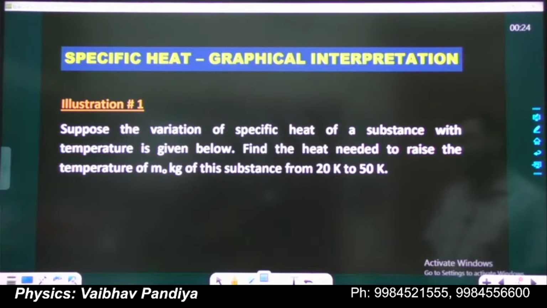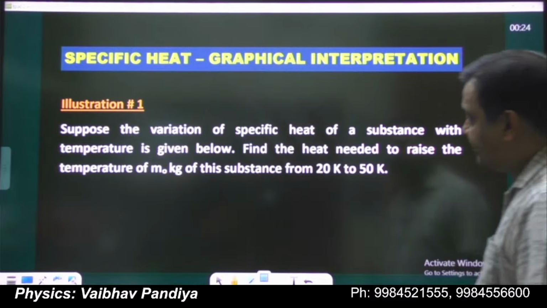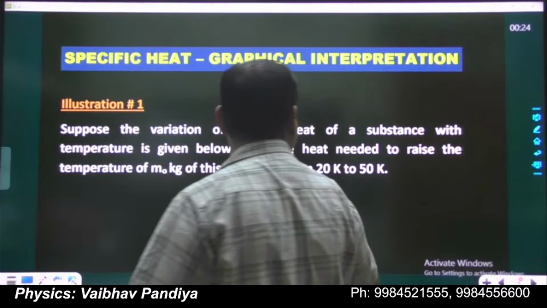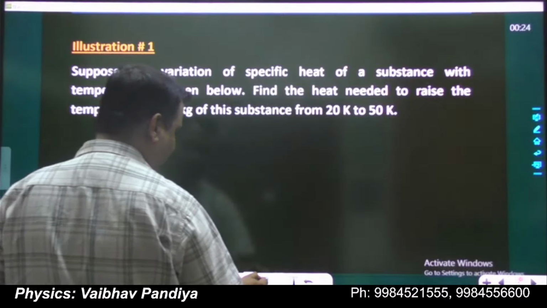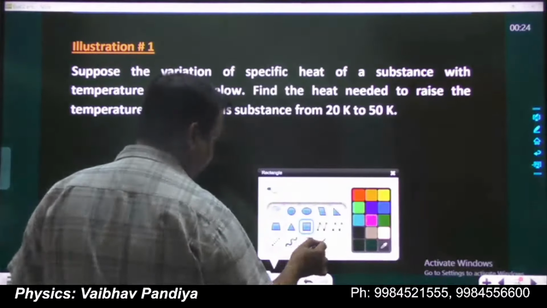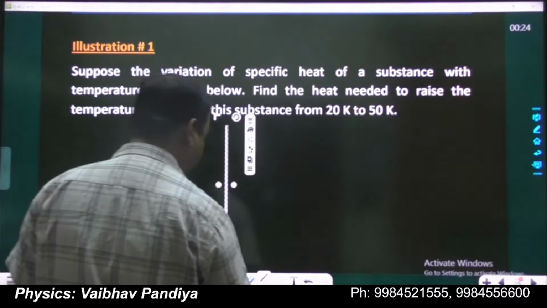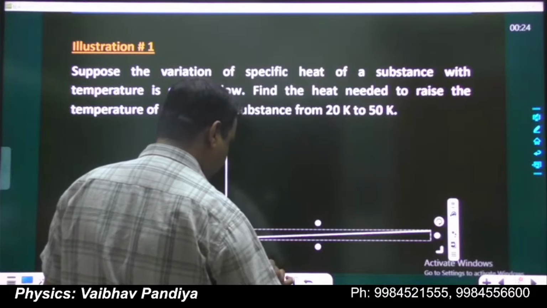Now let's see one or two illustrations on specific heat graphical interpretation. Suppose the variation of the specific heat of a substance with the temperature is given below. So suppose I'm giving you one graph.